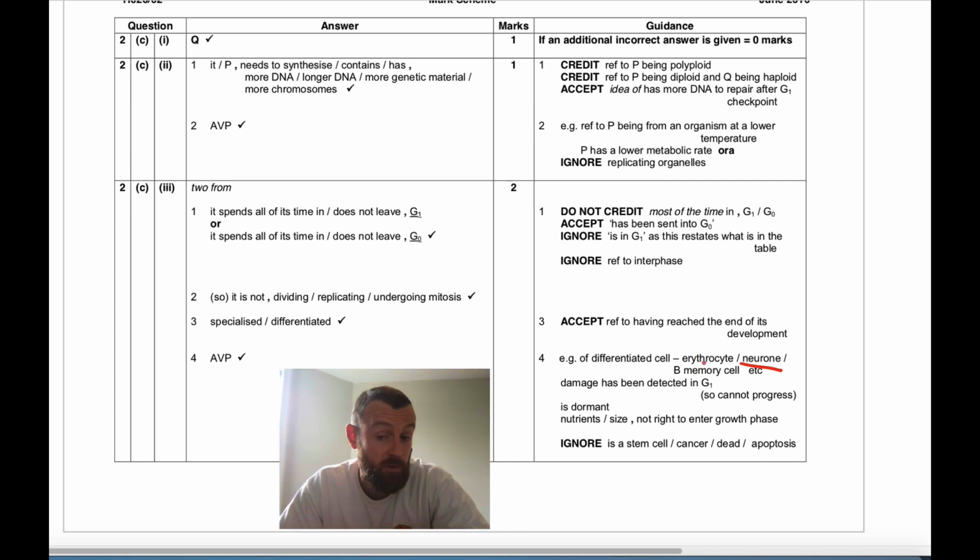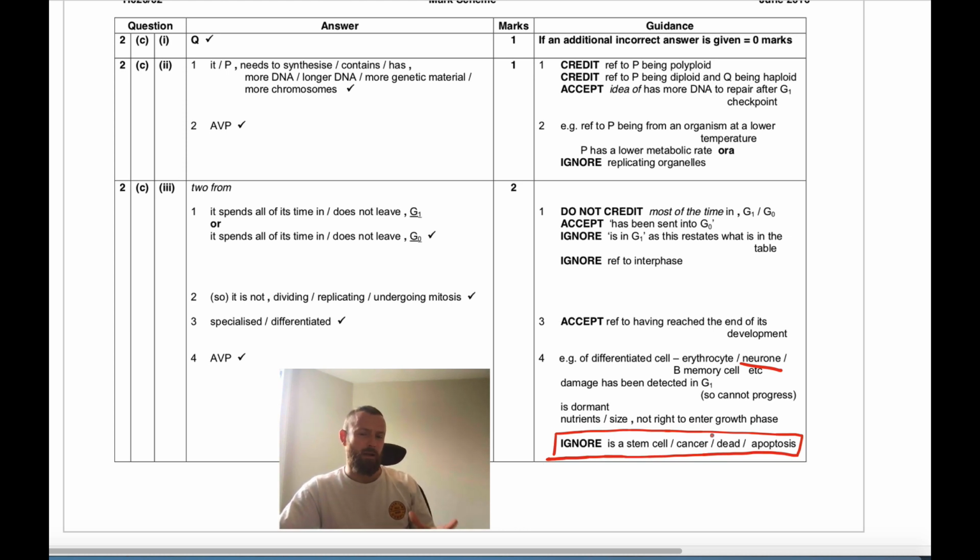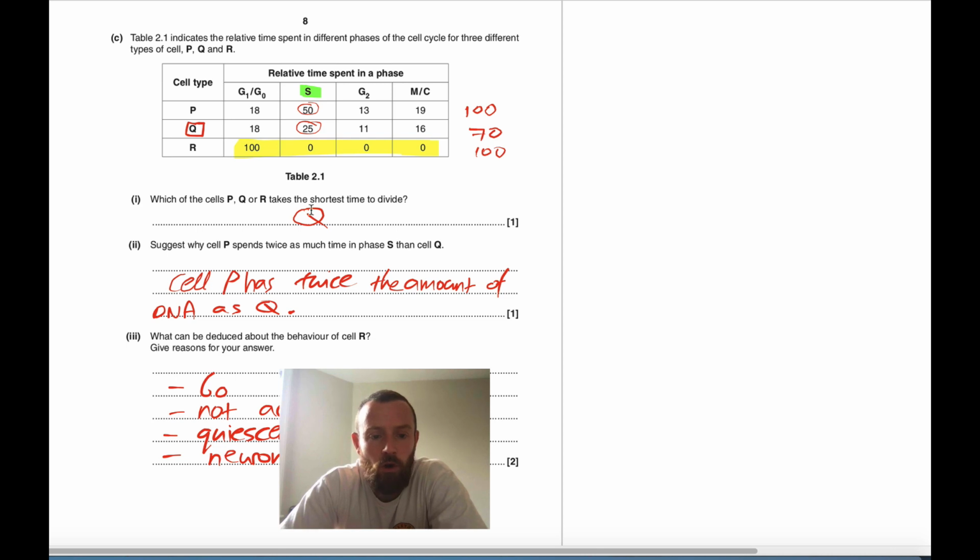Or an erythrocyte, for example, a red blood cell, B memory cell, etc. Or potentially it's dormant, all that sort of stuff. These, ignore, these are kind of going down the wrong avenue. If it was a stem cell or a cancer cell, you'd expect it to be dividing quite rapidly. Okay, moving on.